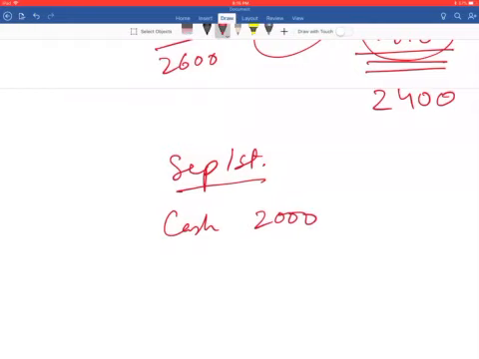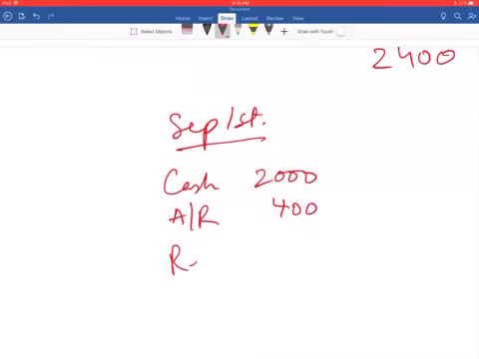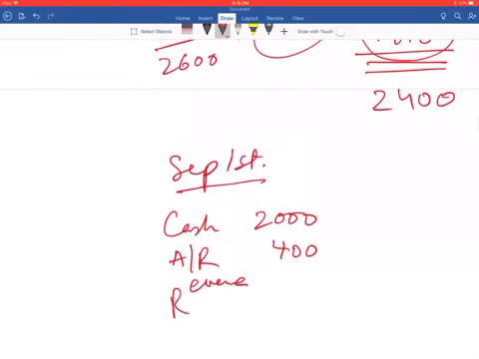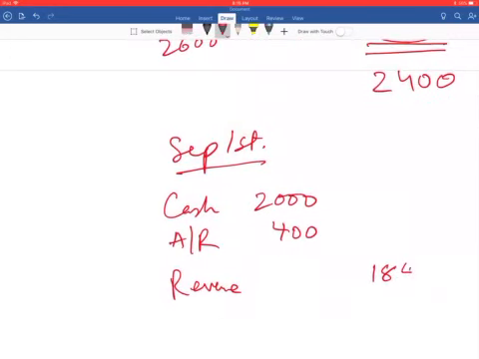Financial position changes. So we recognize accounts receivable for the remaining $400, and we have the revenue for the work, $1,846, because you have delivered the windows.